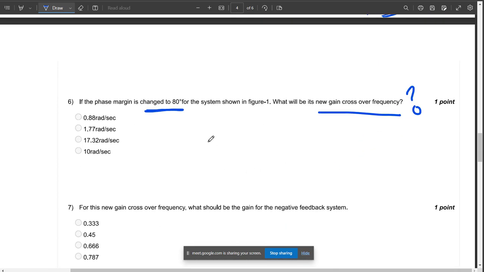We already know the phase margin is equal to 180 degree plus phi at omega equals new omega. Let's assume the new omega to be omega dash g.